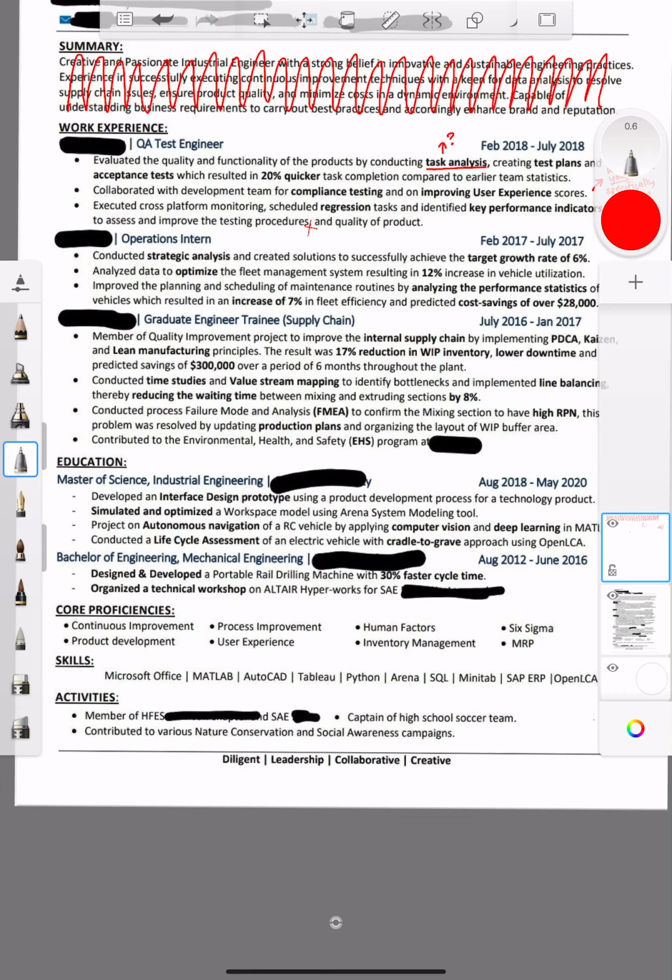Operations intern, let's see what we got here. Conducted strategic analysis and created solutions. This is the biggest bunch of bullshit I've ever heard. No, I'm just kidding. That was a little exaggeratory. It's just like, what did you do? That doesn't mean anything to me.